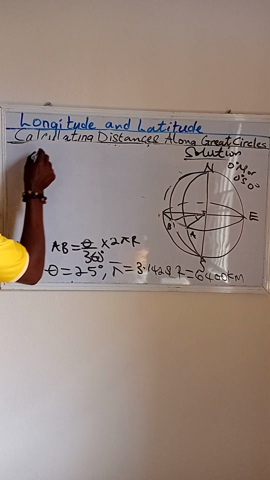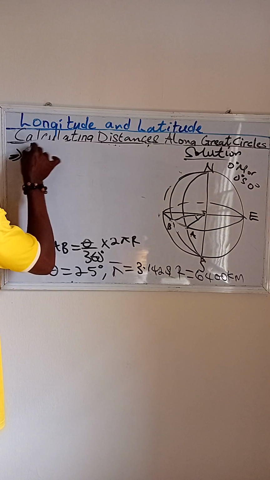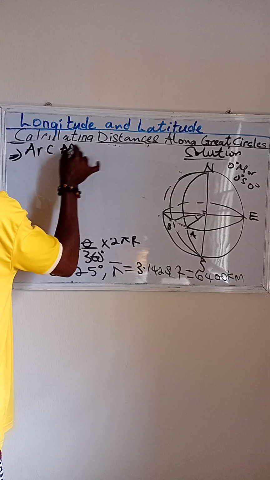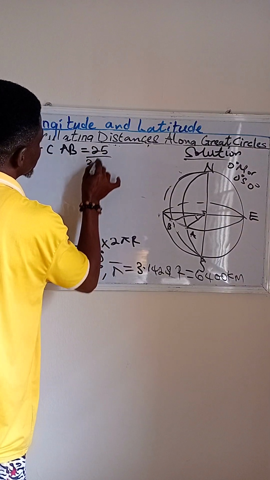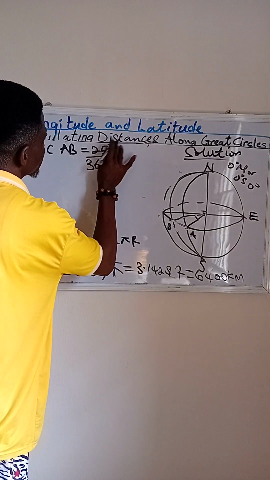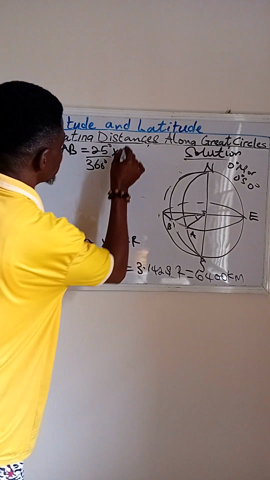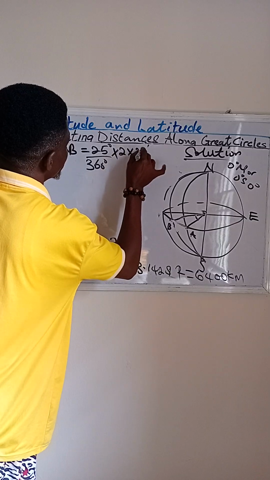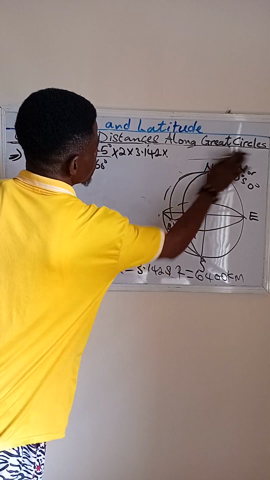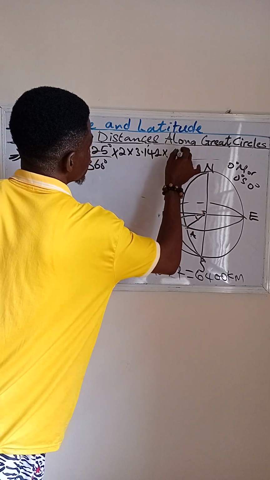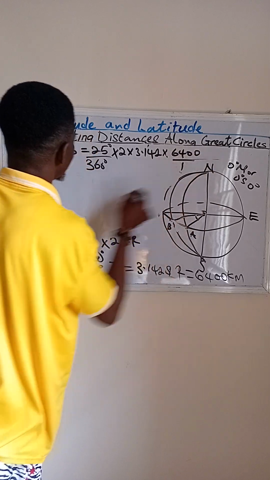So we have arc AB to be 25 over 360 degrees, times 2, times 3.142, times 6,400 over 1.